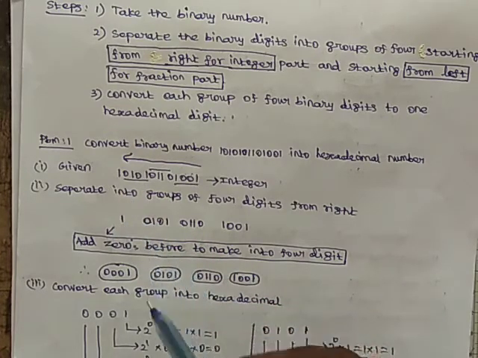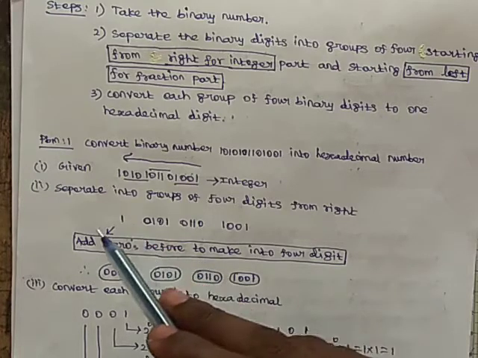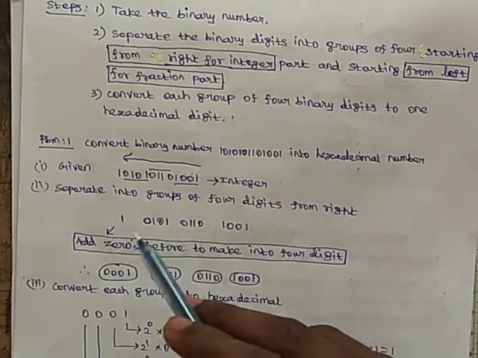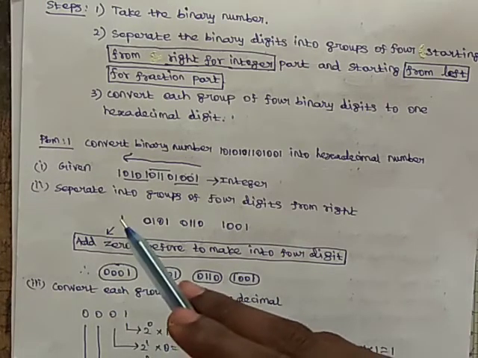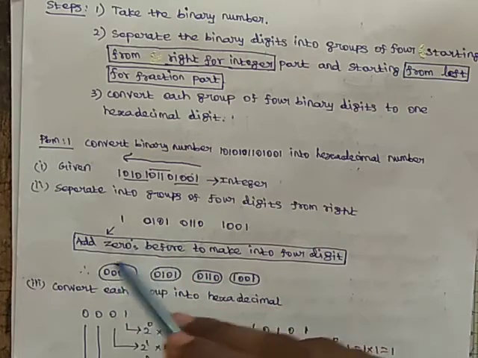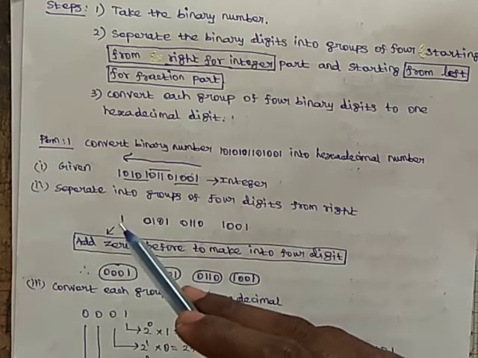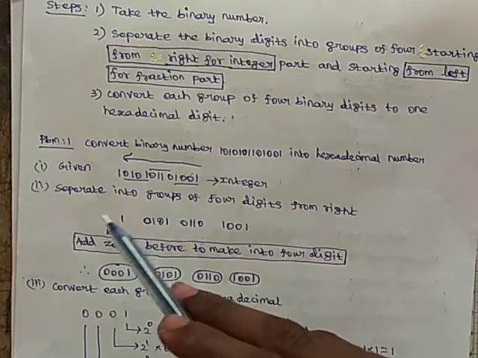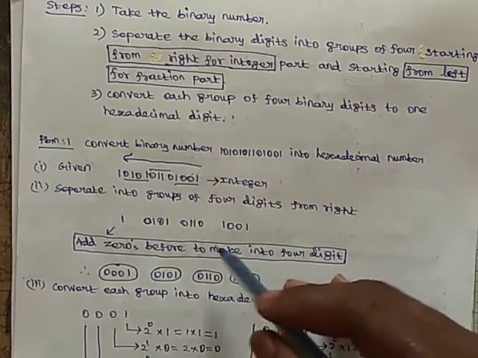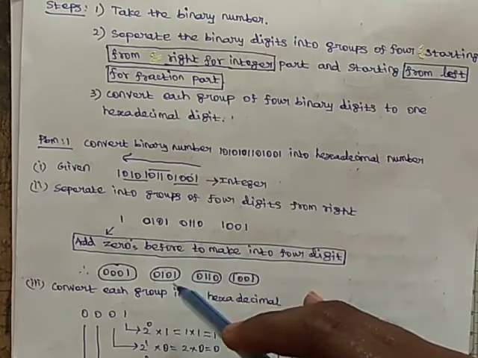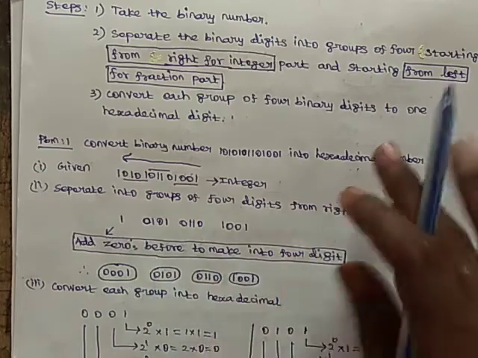What we have to do is add 0 before this digit to make it a 4-digit group, so we add 3 zeros here. Then this single binary digit is converted into a 4-digit binary. If there are 2 digits, we add 2 zeros before that. So this is one group, another group, and another group, and here by adding 3 zeros before this number, this forms another group.